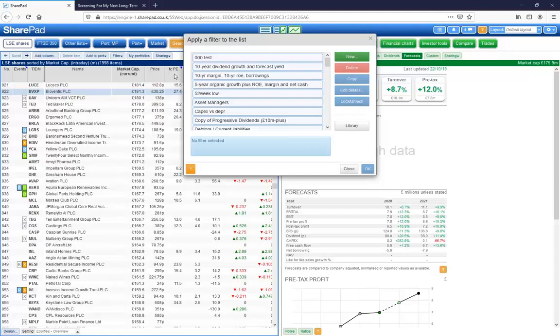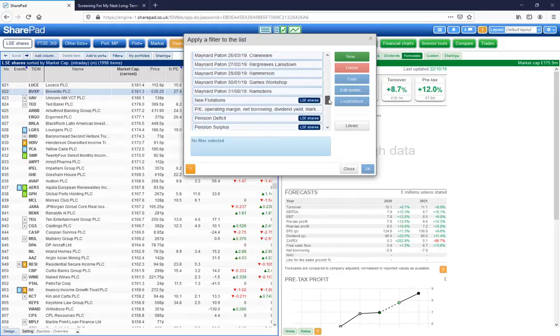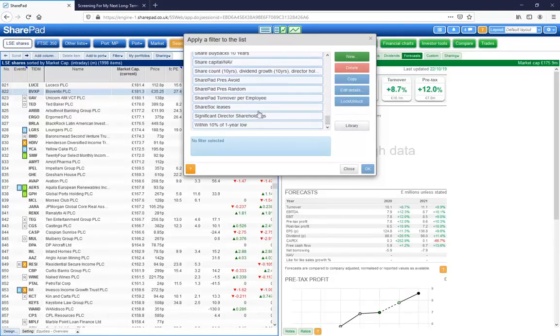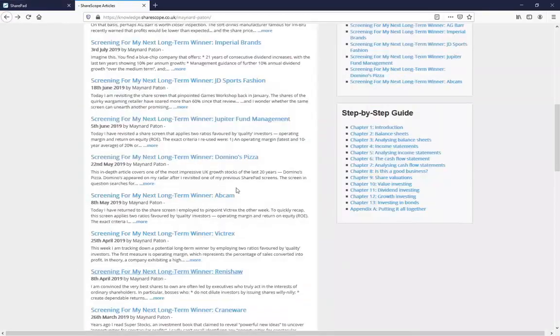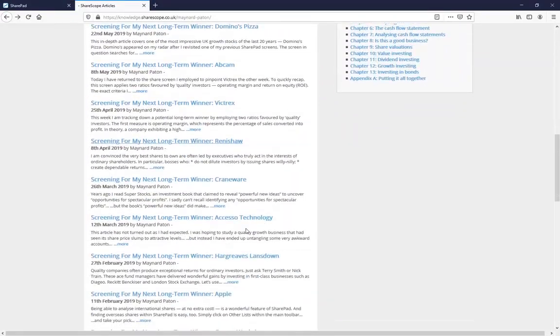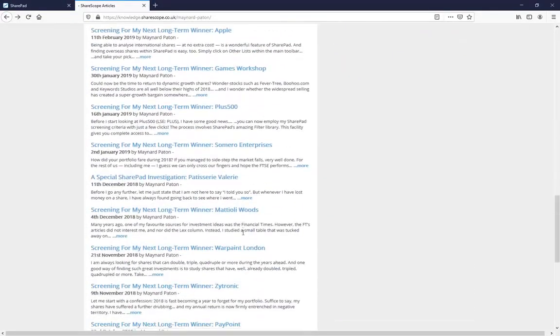Looking at yield and forecast PEs and yields will just bring you the same old shares all the time generally. So experiment with what makes sense, interesting companies. So companies with a high sales per employee, which I found earlier on this year, Fever Tree and War Paint. This is here.